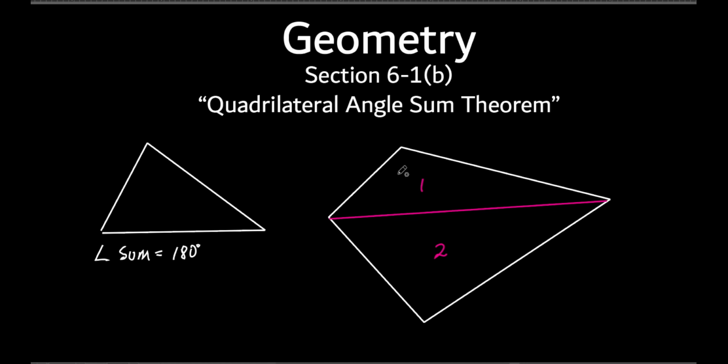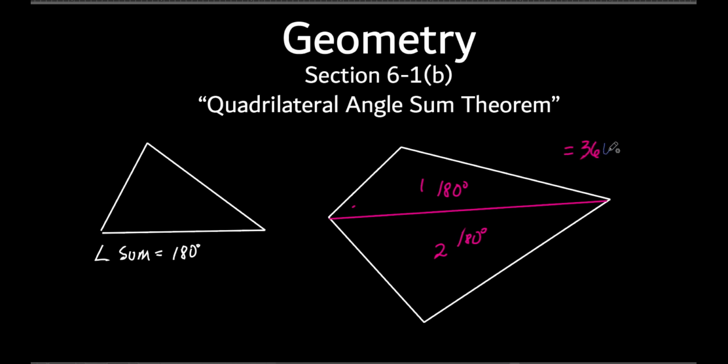So I know the sum of the angles of this triangle. How many degrees is that? 180 degrees, okay? So all three of these angles, this one, and this one, add up to 180 degrees. What are the sum of the angles of the second triangle? 180 degrees. So tell me something about the sum of all the angles. What would they be?